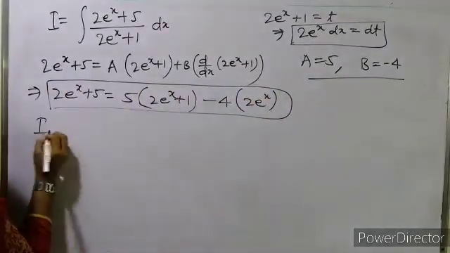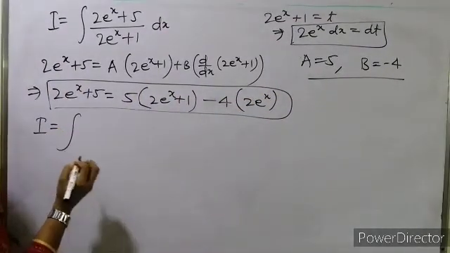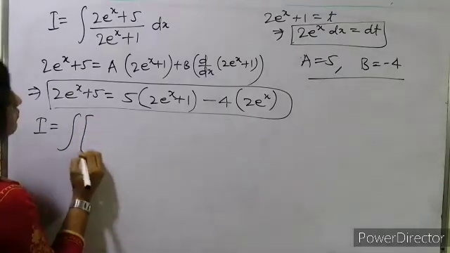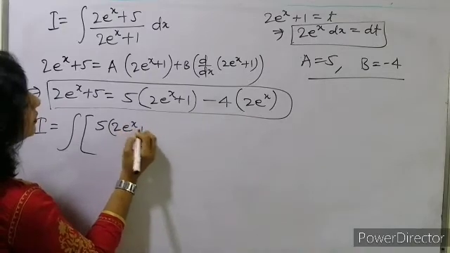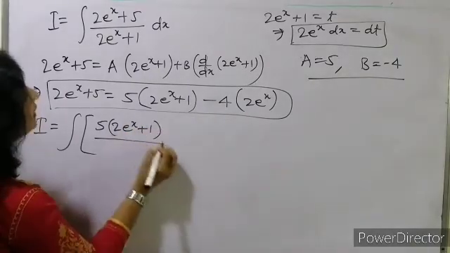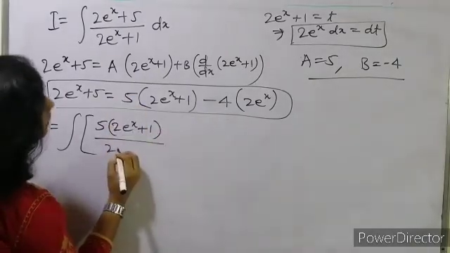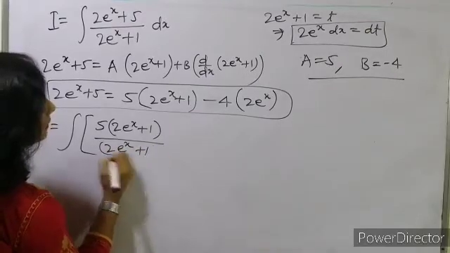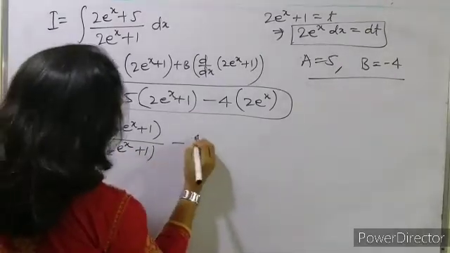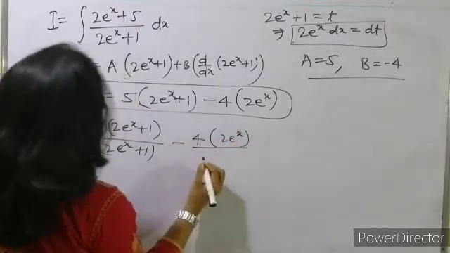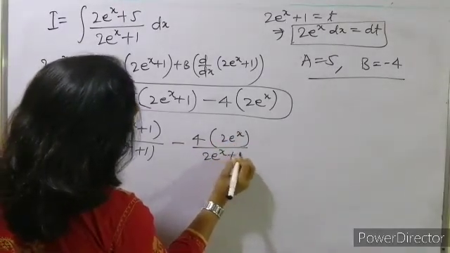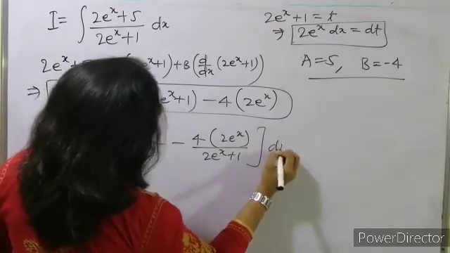So the value of I will be equal to 5 times (2e to the power x plus 1) divided by the denominator 2e to the power x plus 1, minus 4 times 2e to the power x divided by 2e to the power x plus 1, dx.